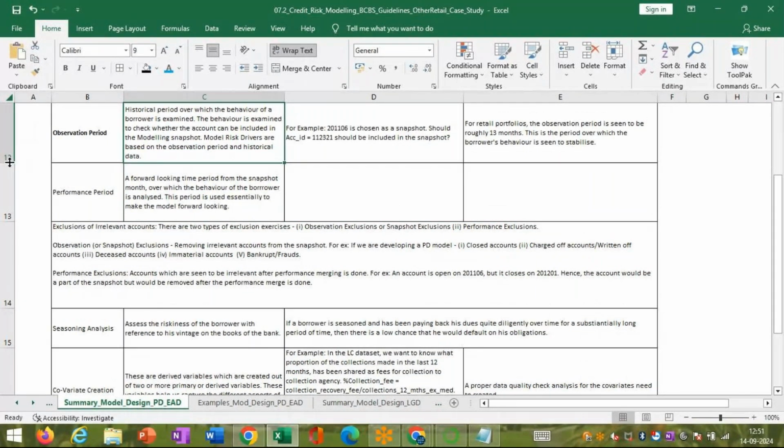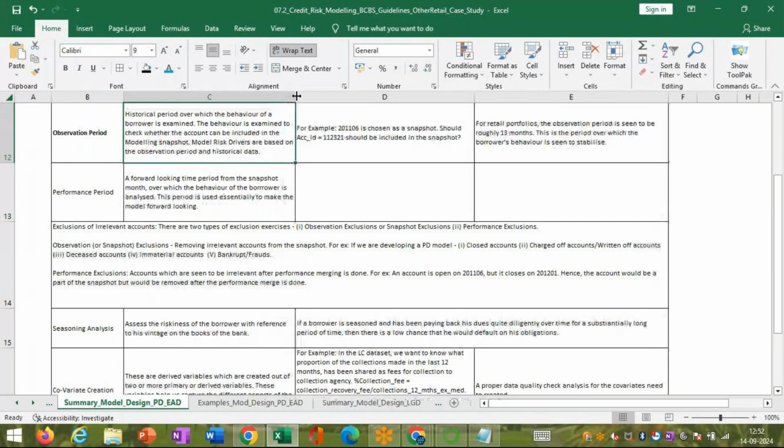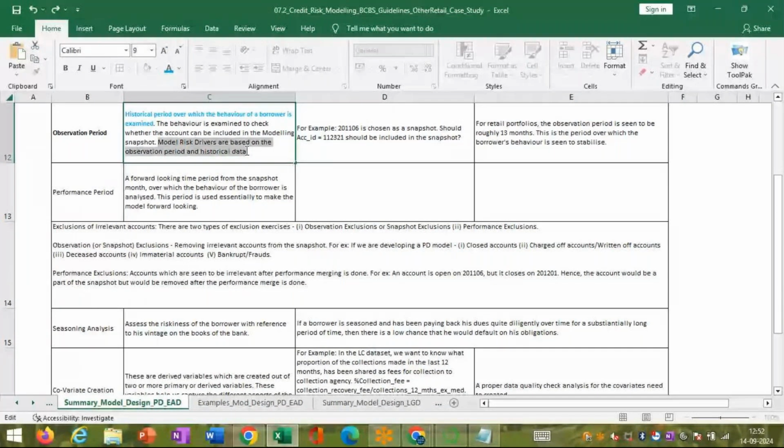So this is the reason why we use the observation period. Right? So historical period over which the behavior of a borrower is examined. All the model risk drivers are based on the observation and the historical.